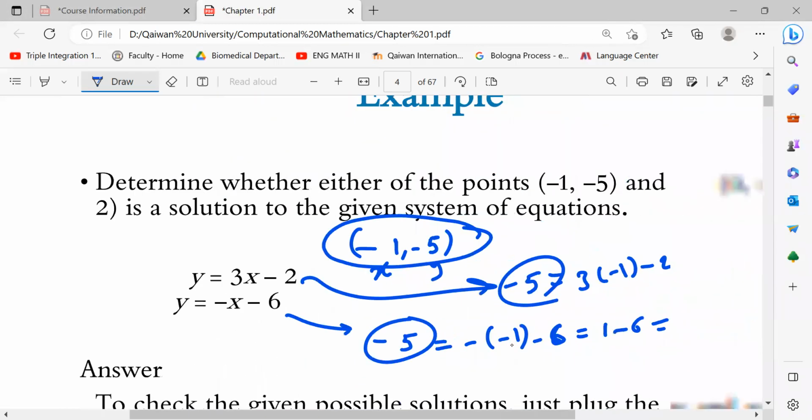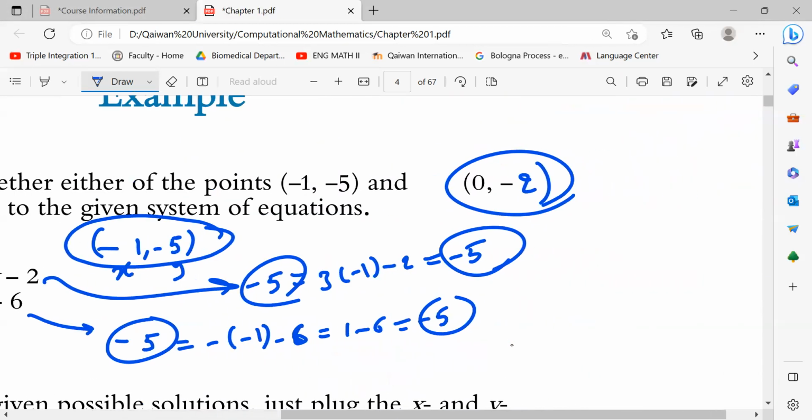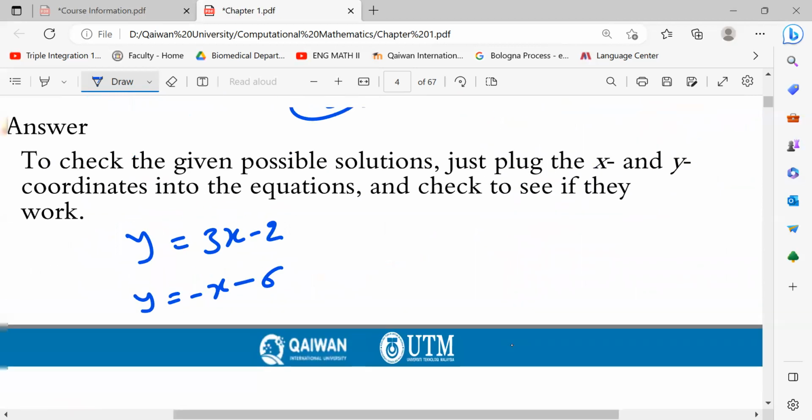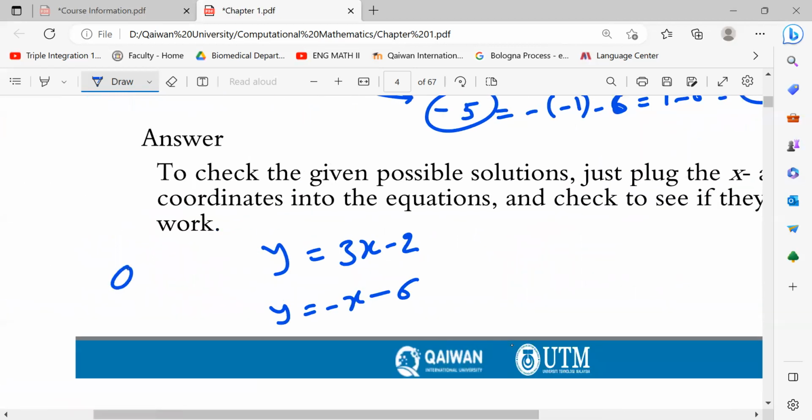The point that we need to test is 0 and -2. We try this point, 0 and -2, for this system.